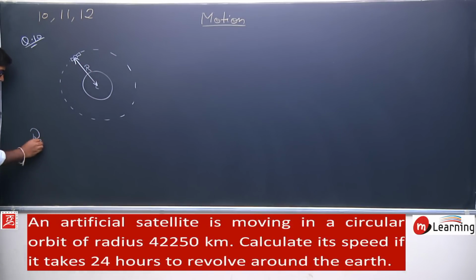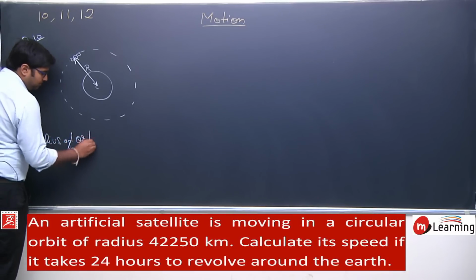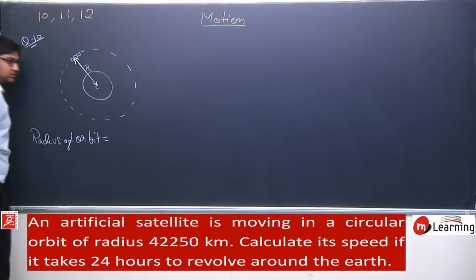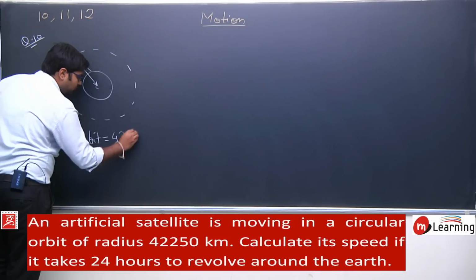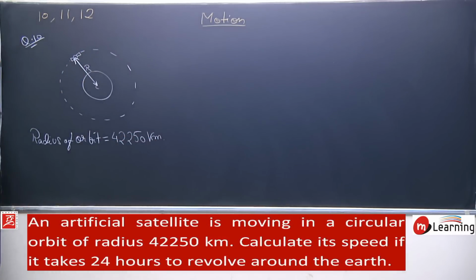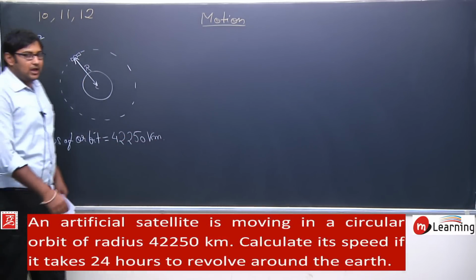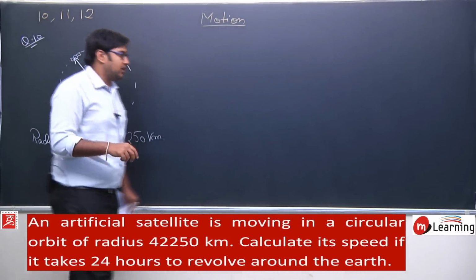So radius of orbit is equal to 42,250 kilometers, and the satellite takes 24 hours to complete one revolution.